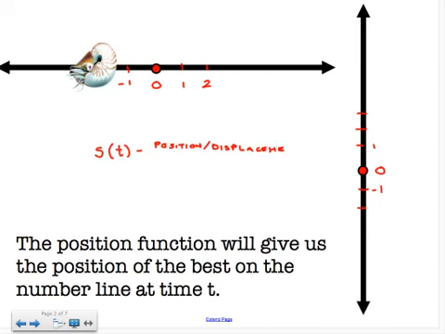If you're specifically talking about horizontal motion, then a lot of times x of t is used because it makes sense to think of my position on the x-axis as x of t. And if I'm talking about specifically vertical motion, then y of t would sometimes be used. So you'll see all 3 used, and just understand they all mean the same thing. They're all positions.